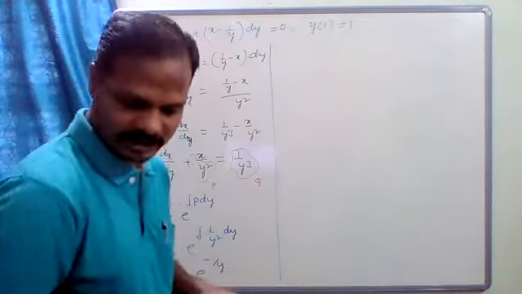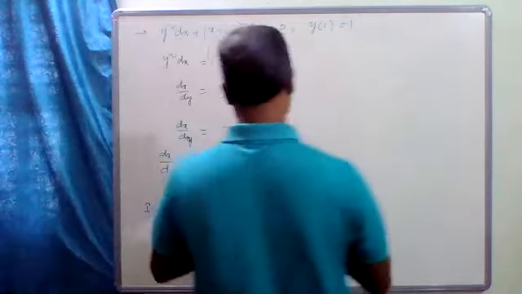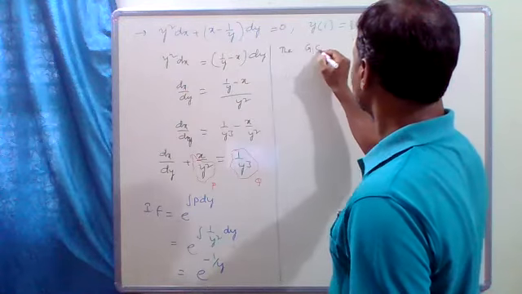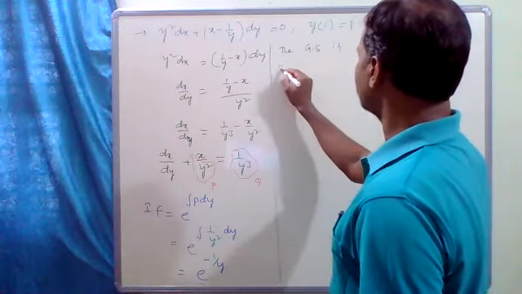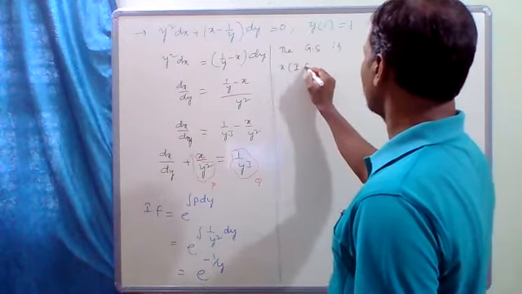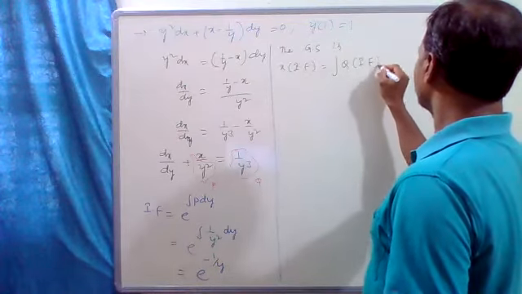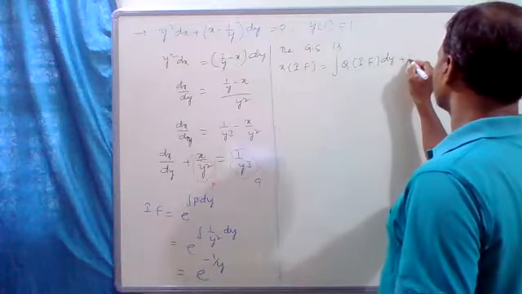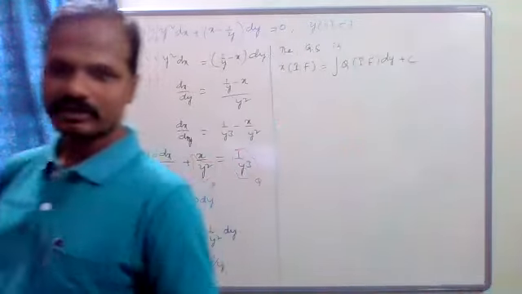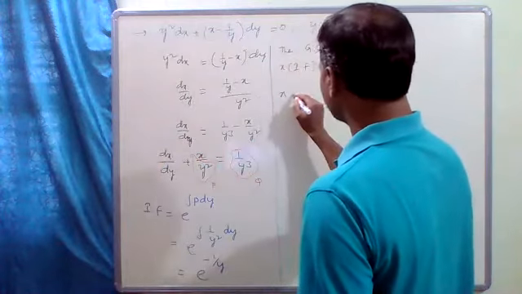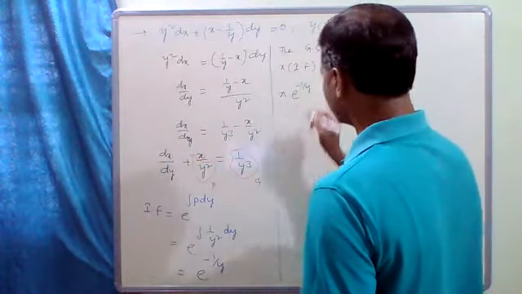Now the general solution is x into if equal to integral q into if dy plus c. Now what is if? e power minus 1 by y.